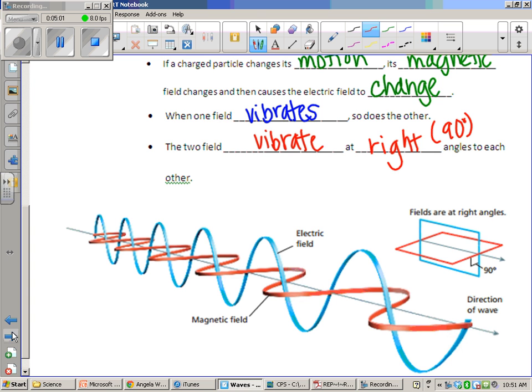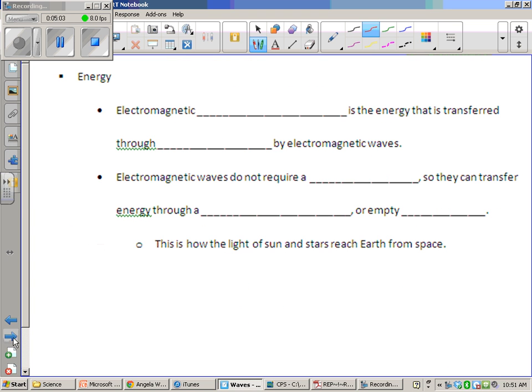So how does that all go along with, well, it doesn't need a medium? How does that work? Well, it's all related back to the energy that these electromagnetic waves have. Okay, the electromagnetic radiation is the energy that is transferred through space by electromagnetic waves.